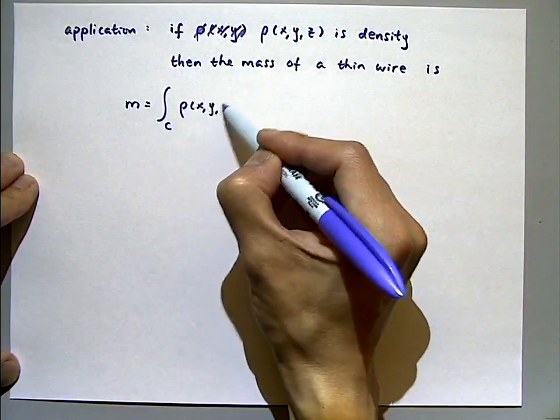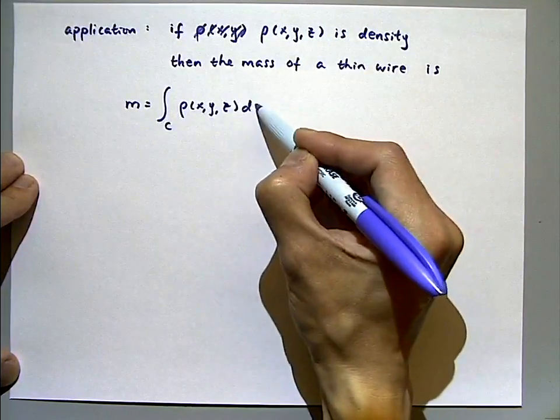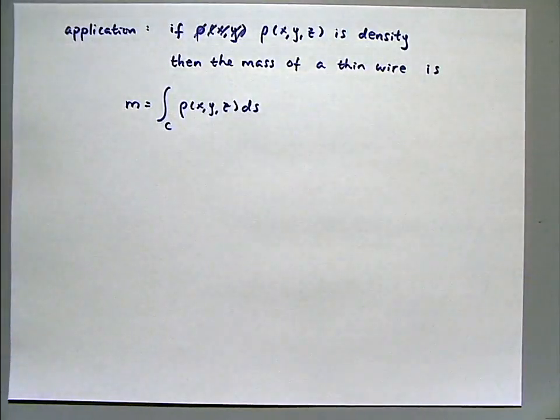You integrate the density. So this will give you the mass.